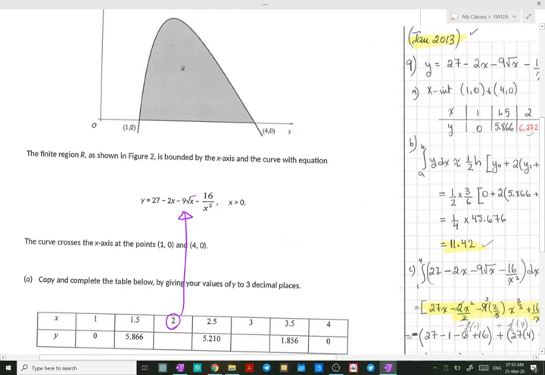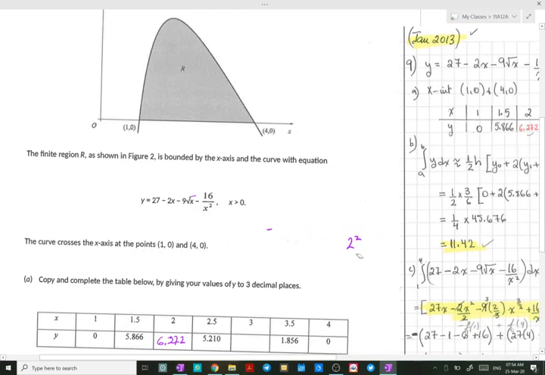So substituting x equals 2 gives y equals 27 minus 2 times 2 minus 9 square root 2 minus 16 over 2 squared, and you plug it in the calculator and you will get the answer, which is 6.272.